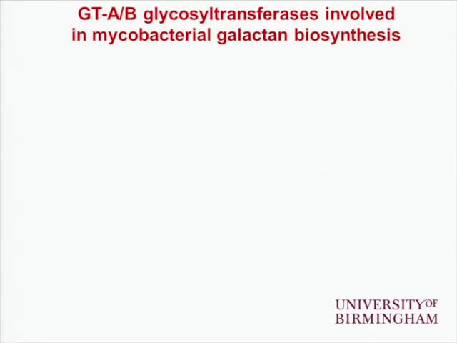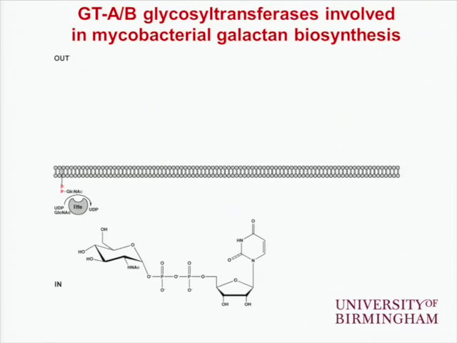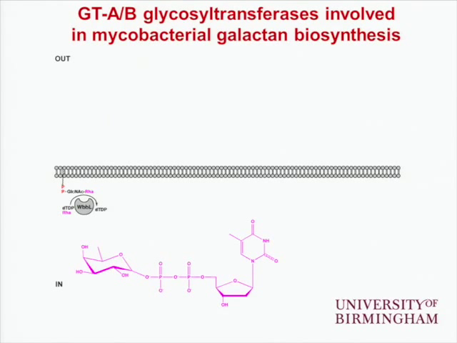So I mentioned the GT-C glycosyltransferase family, but actually the biosynthesis starts via the utilization of the GT-A/B glycosyltransferase, WecA here. And basically these enzymes use sugar nucleotide donors. So here we have the transfer of N-acetylglucosamine to this lipid phosphate carrier, which is anchored in the membrane, to give our first intermediate.